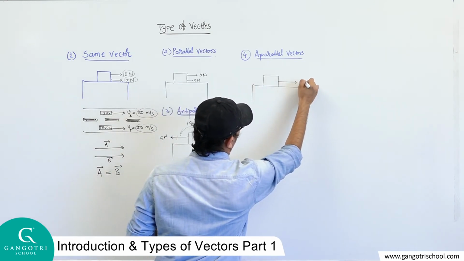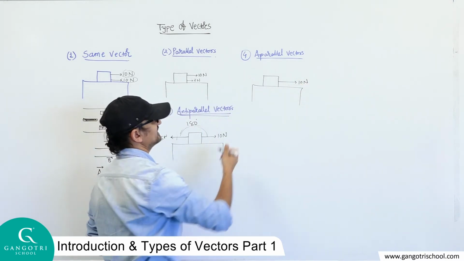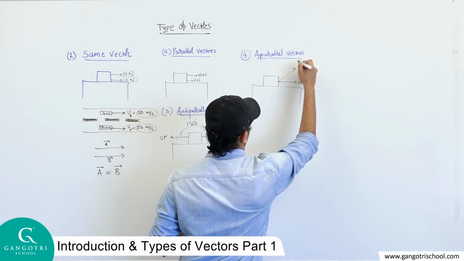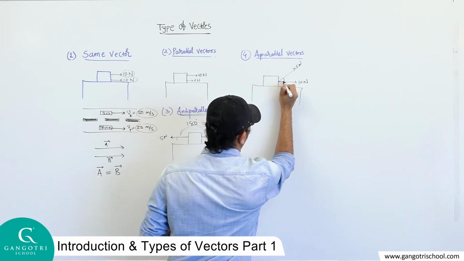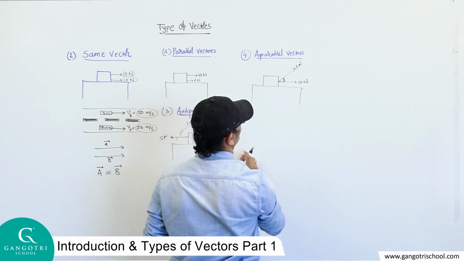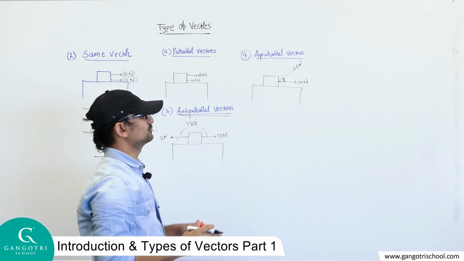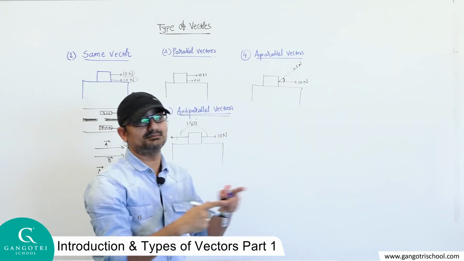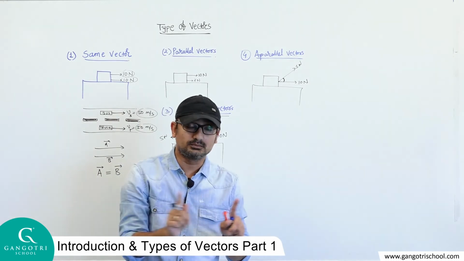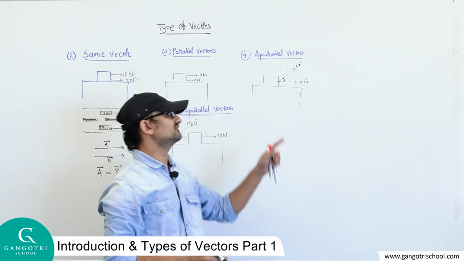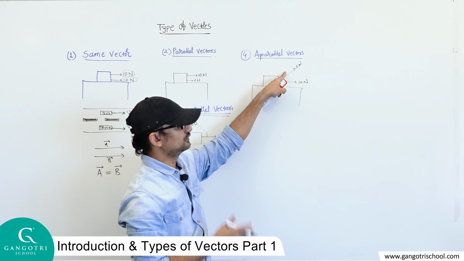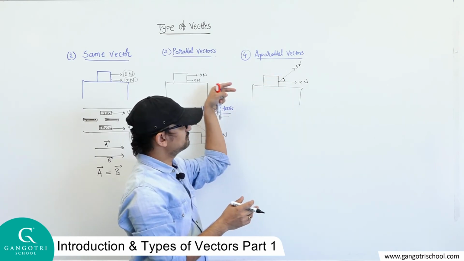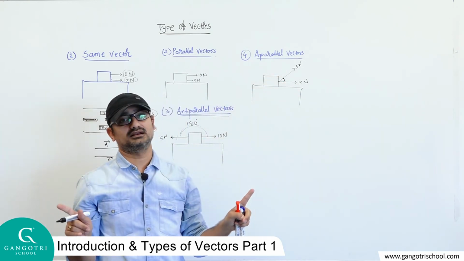Suppose 10 Newton force acts towards your right hand side, another force of 5 Newton acts somewhere in a cross direction. See, the angle between these two forces is not 0 degrees, not 180 degrees. Actually these two forces are not the same in direction, not opposite in direction. It means that these two vectors of force are not parallel, not anti-parallel.